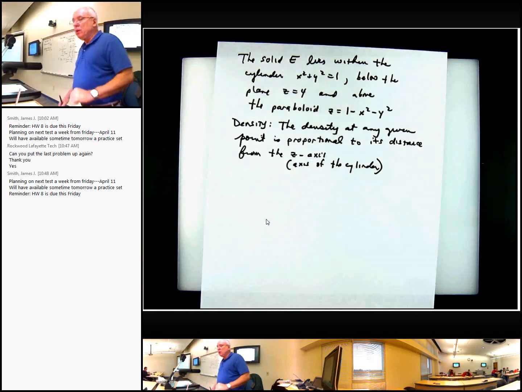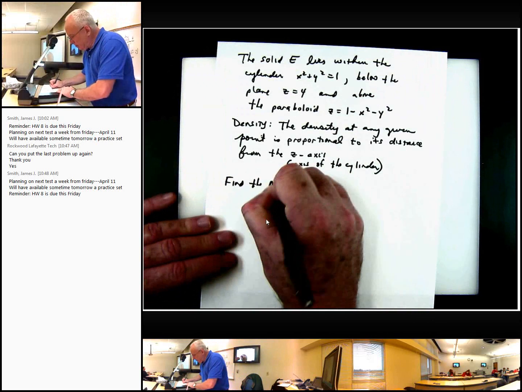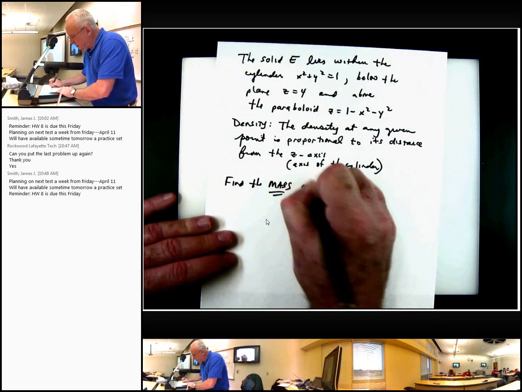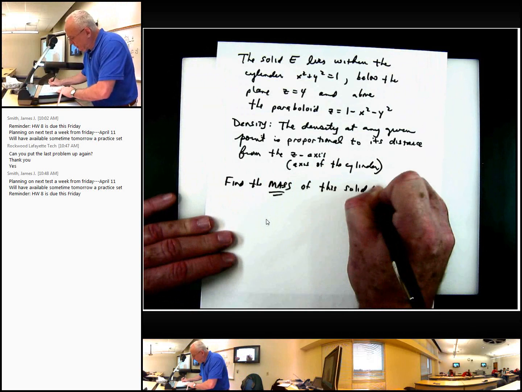And finally, what are we asked to find? We're asked to find the mass of this solid, E.